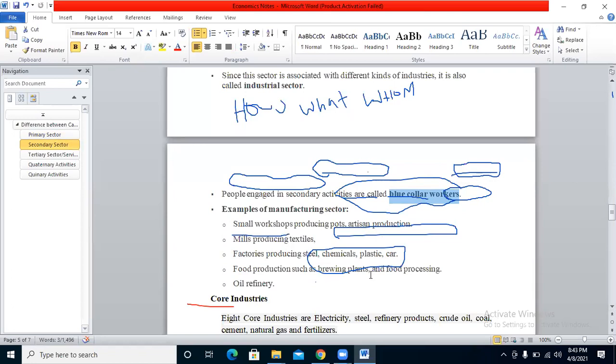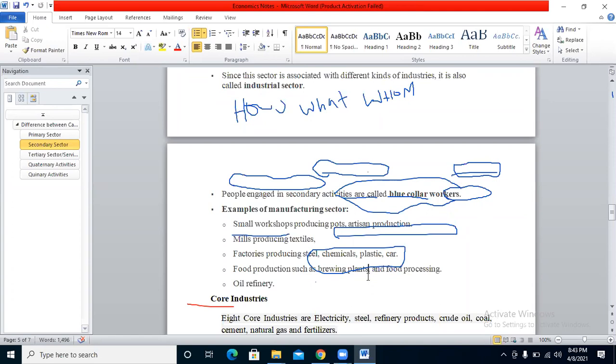Yes, sir. In the secondary sector, like in the case of a hydroelectricity plant, we are using natural resources, and with the help of technology we are producing electricity. So won't this be in the secondary part only? No, electricity production is your secondary part.